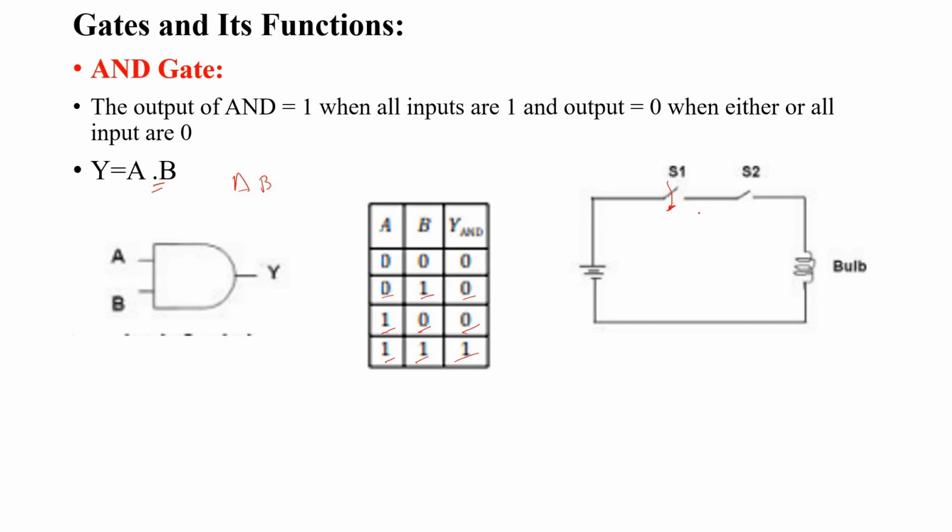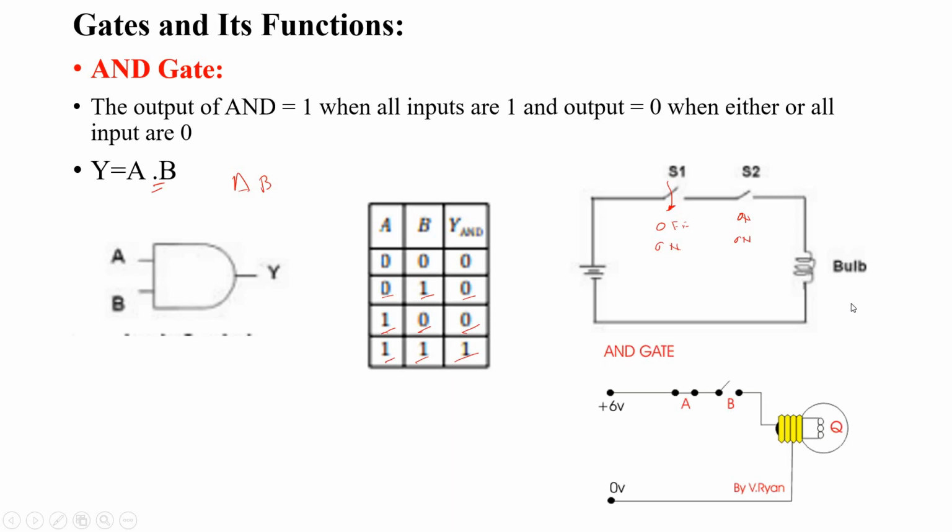When S1 is off and S2 is on, still the path will not be completed because there will not be a circuit. When both are on, in that case the bulb will glow. So let us try to understand with an analogy.